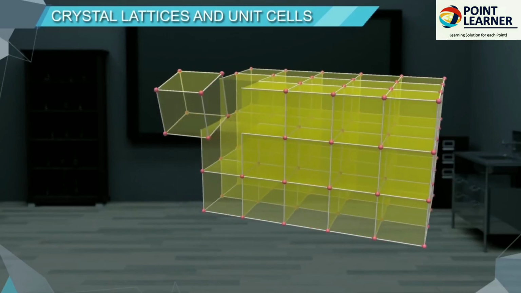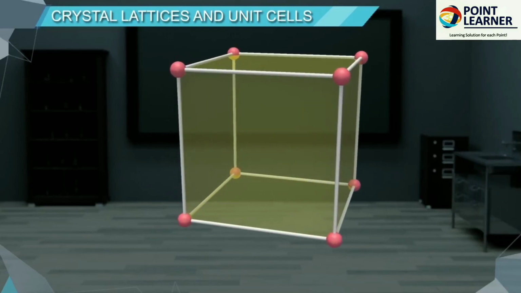A unit cell is represented by three edges A, B, and C represented along X, Y, and Z axis. Please note that all these edges may or may not be mutually perpendicular to each other.